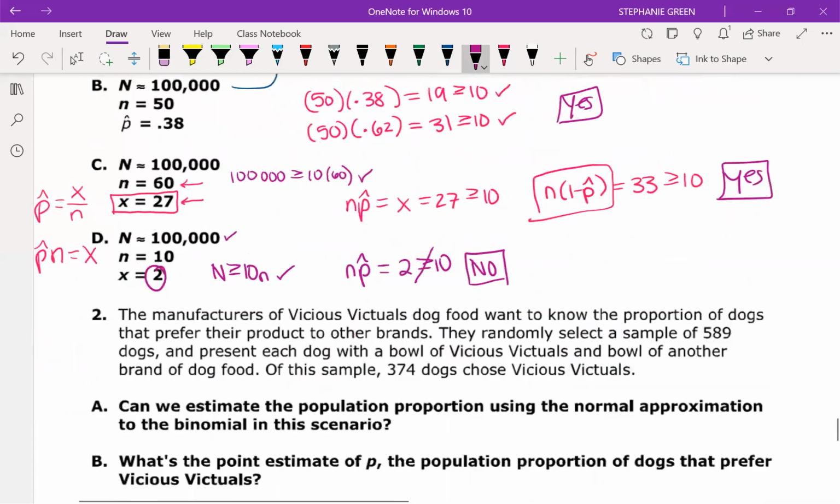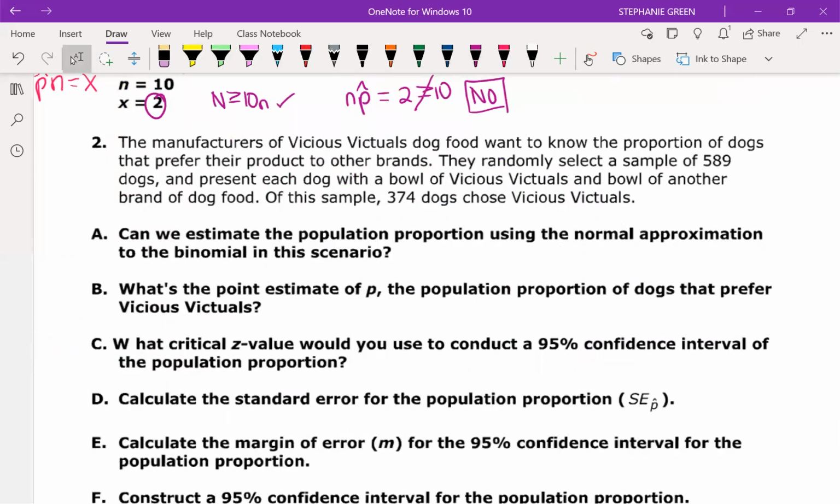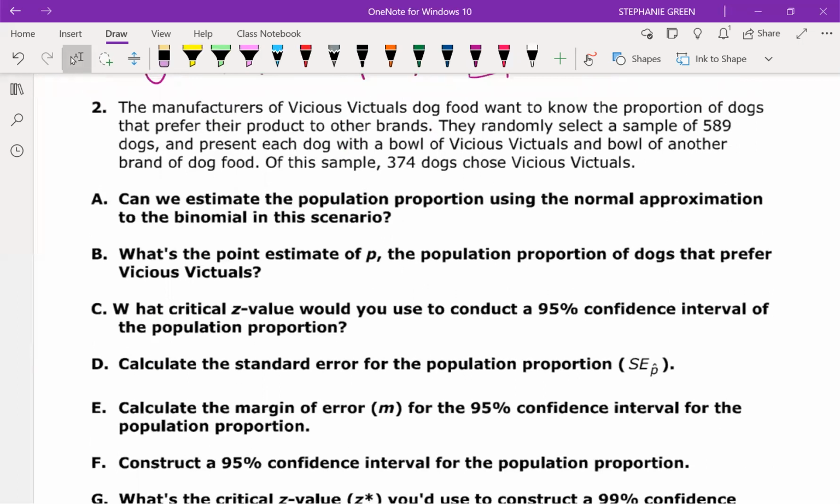Okay, moving on. The manufacturer of Vicious Victuals dog food wants to know the proportion of dogs that prefer their product to other brands. They randomly select a sample of 589 dogs and present each dog with a bowl of Vicious Victuals and a bowl of another brand of dog food.